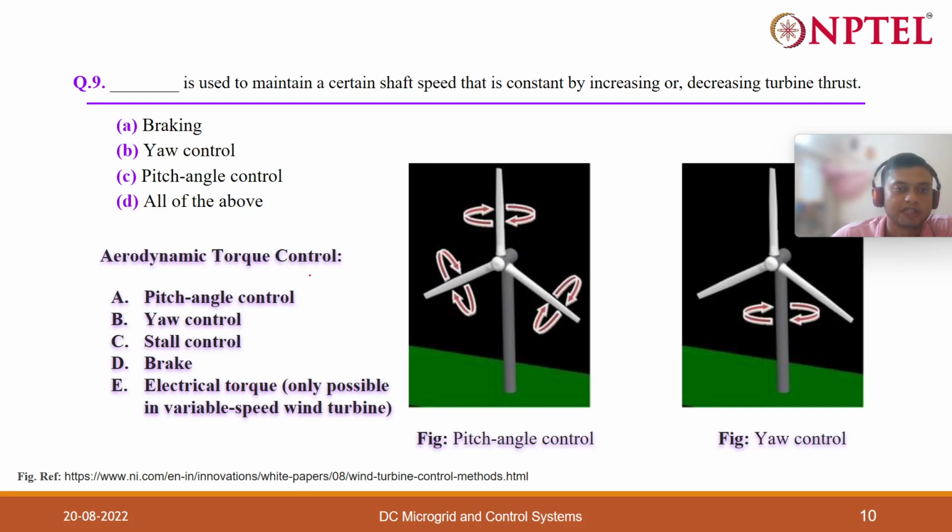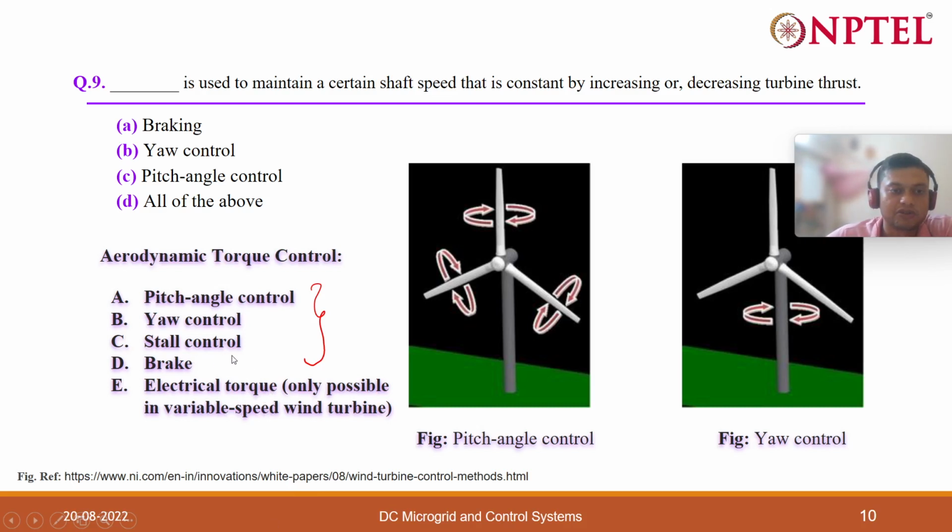So generally these 4 types apply to all wind turbines, fixed speed or variable speed. In pitch angle control, we have given the first figure, and in yaw control, the theory of these techniques we will see in the next slide.